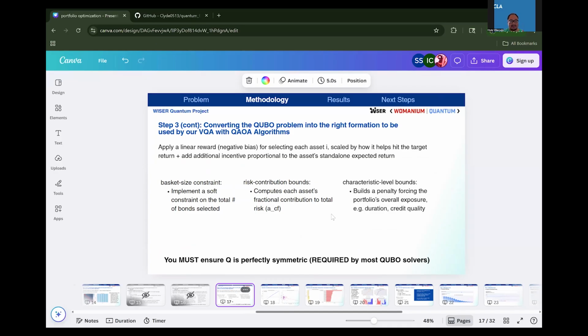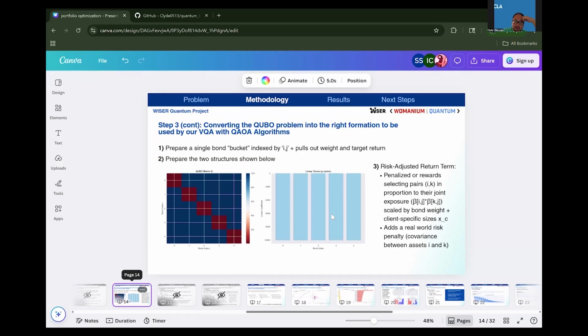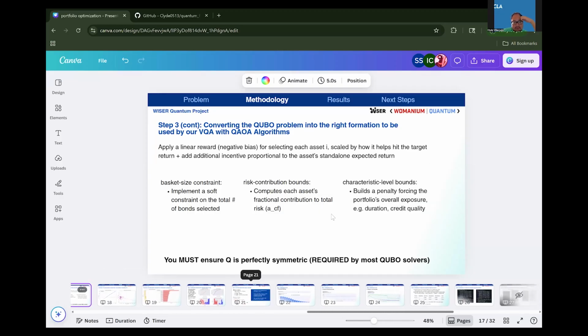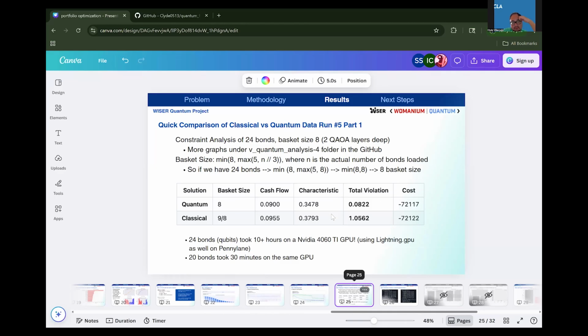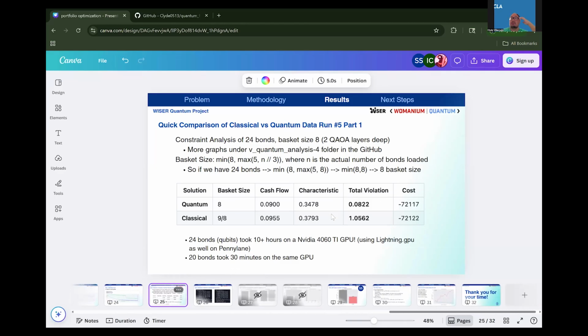So where exactly are you using the risk constraint? I didn't see it anywhere.